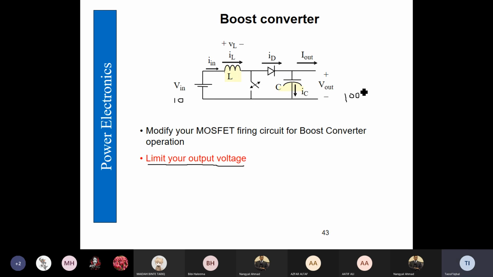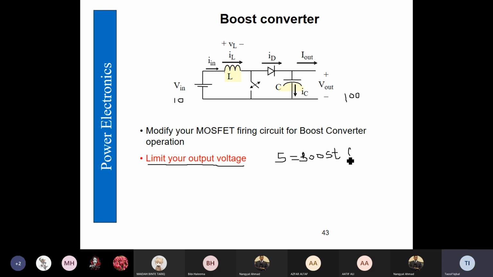For this, the duty cycle has to be very high, close to unity. So therefore, we cannot put the circuit in damaging or in a risk. So therefore, the maximum limit for output voltage versus input gain, which is also called boost factor, should not be higher than 5.